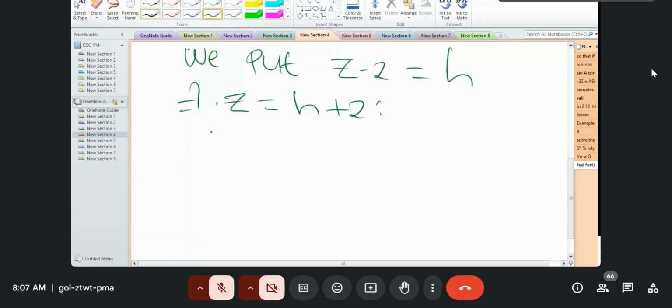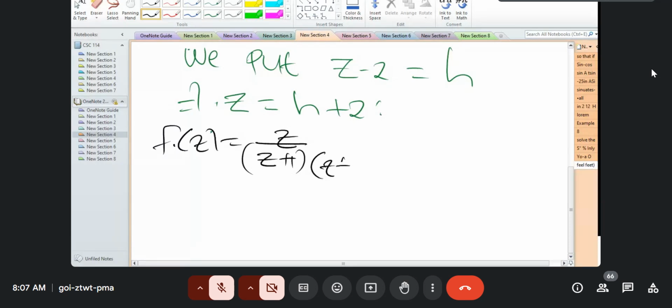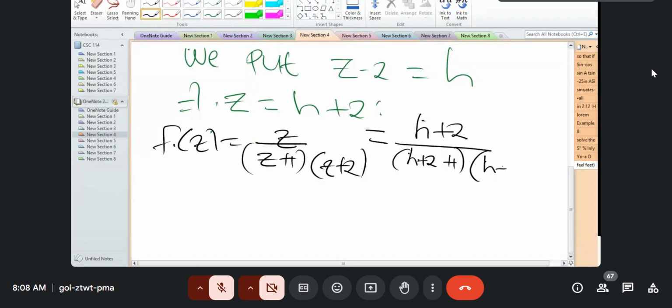So our f of z, which is z over z plus 1, z plus 2, will be equal to, in place of z, we use h plus 2. So in the numerator, we have h plus 2 divided by h plus 2 plus 1. Z plus 2 will be h plus 2 plus 2.